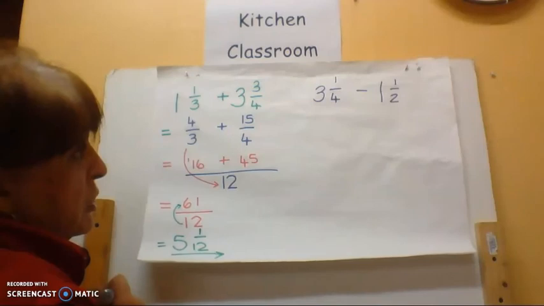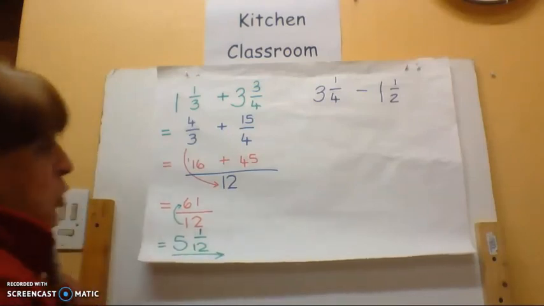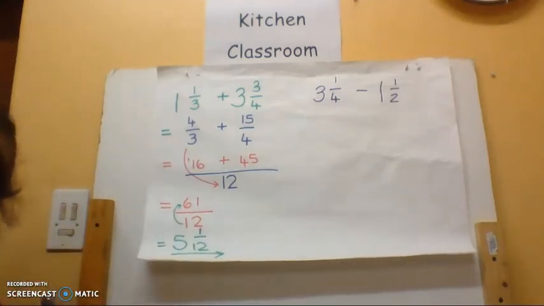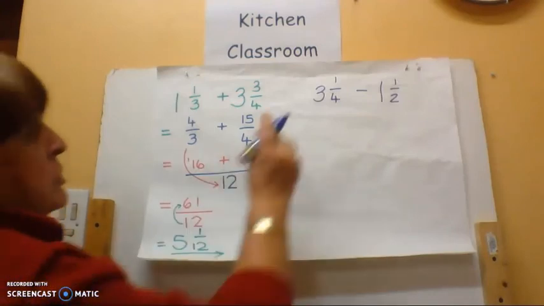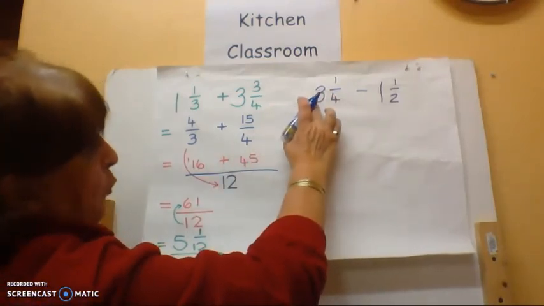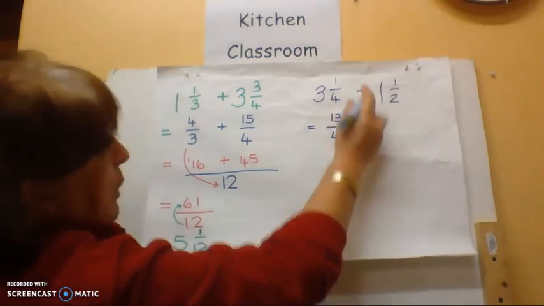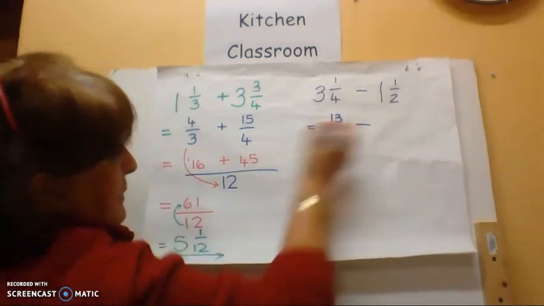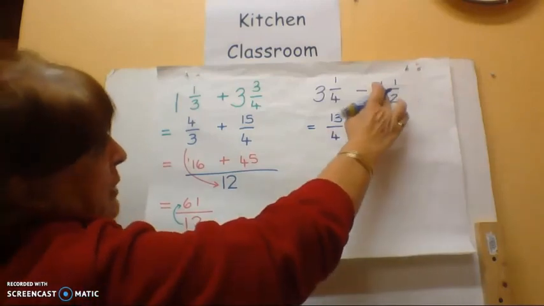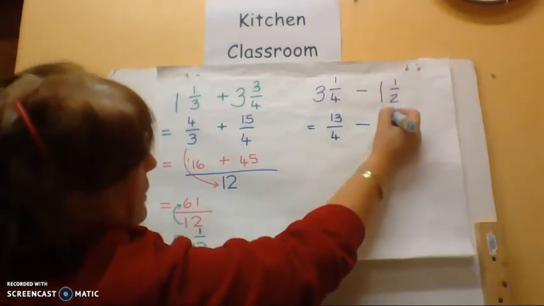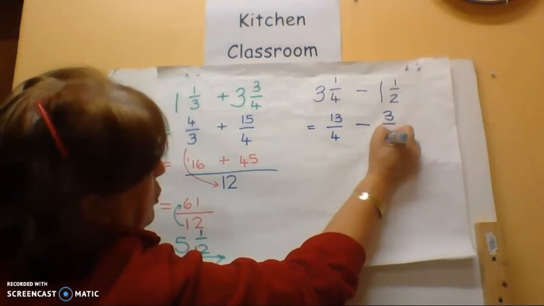First step says change all of my mixed numbers into improper fractions. So I'm going to say 3 times 4 is 12 plus 1 is 13 over 4. There's a subtraction sign, must come down underneath. 1 times 2 is 2 plus 1 is 3 over 2.